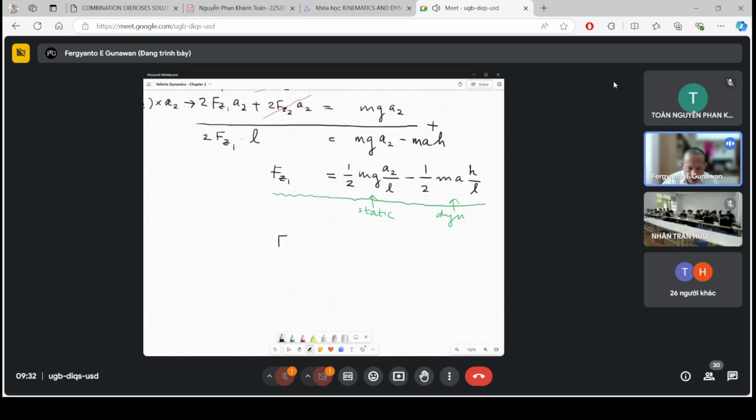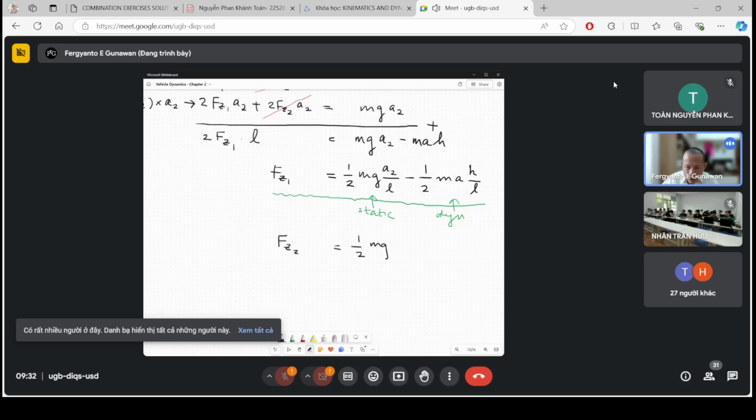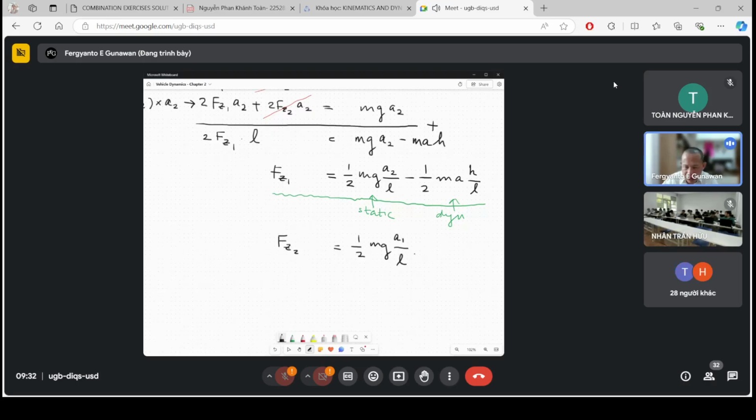Right? And it is not difficult to see that Fz2 is equal to mg a1 divided by L plus 1/2 of MAH divided by L. Okay, so this one is for the force acting at the rear of the vehicle, right?